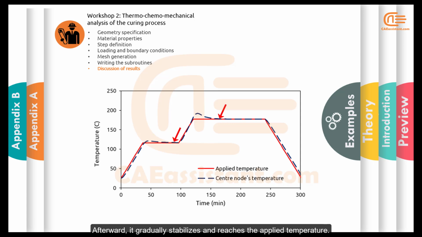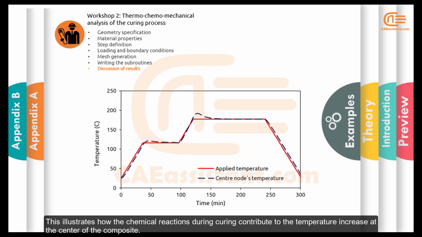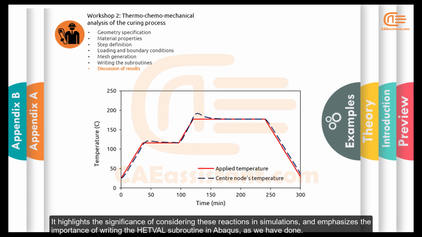Afterward, it gradually stabilizes and reaches the applied temperature. This illustrates how the chemical reactions during curing contribute to the temperature increase at the center of the composite. It highlights the significance of considering these reactions in simulations and emphasizes the importance of writing the HETVAL subroutine in Abaqus as we have done.